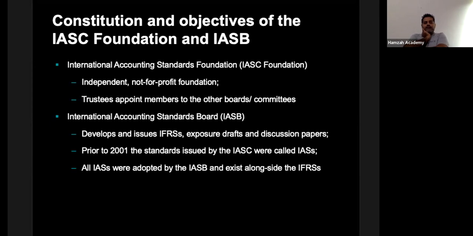Now, overall, talking about the IASB, there was one criticism of IAS: the number of alternative treatments allowed within a standard.